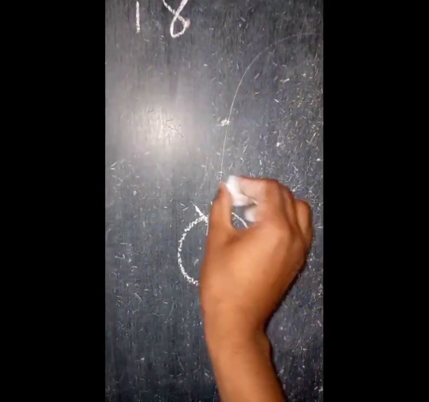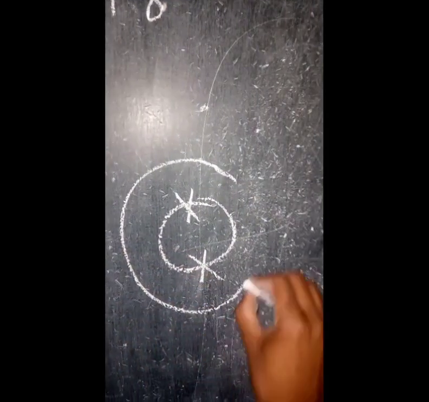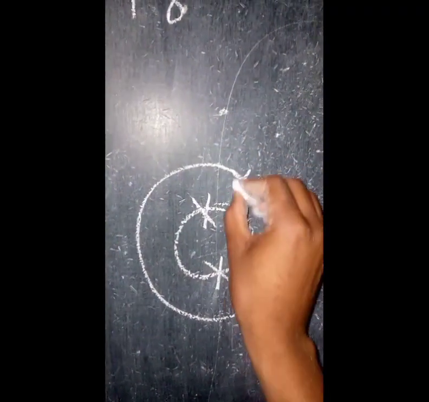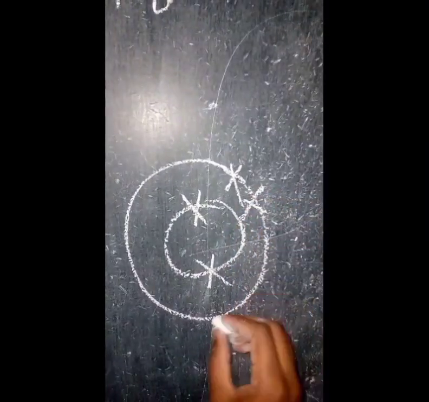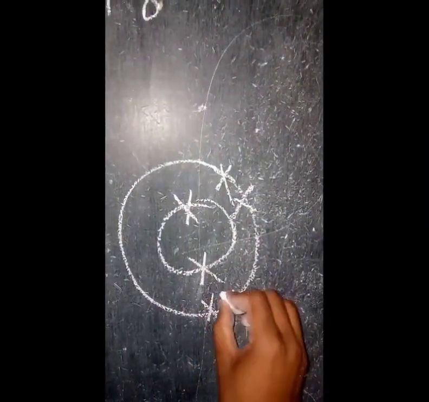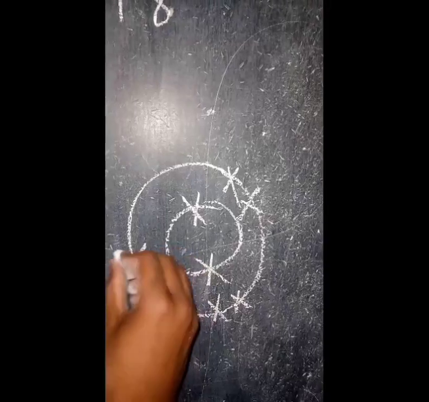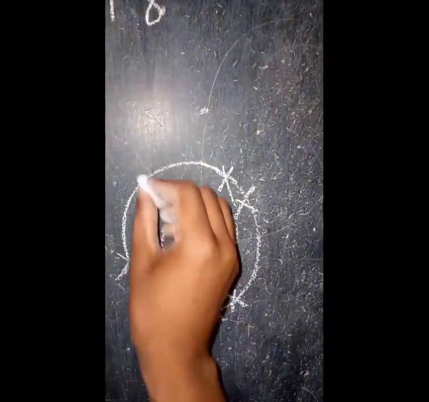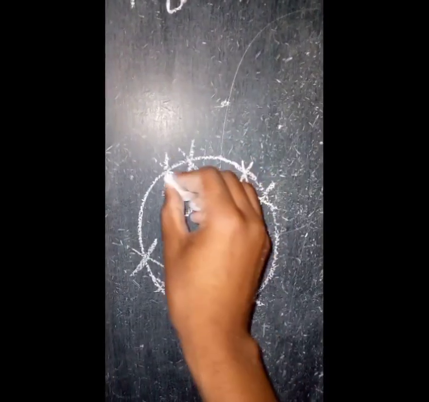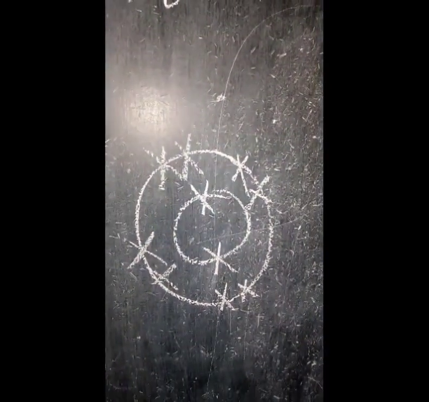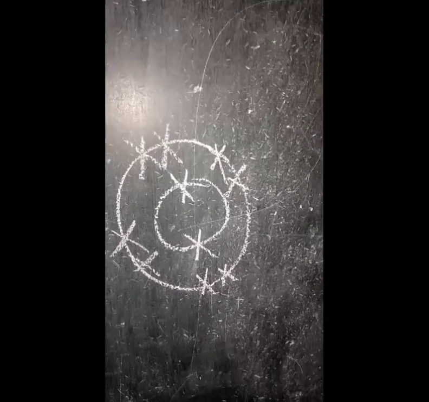Okay, how many more remaining? Let's see. We're going to have 8 here. 8 plus our 2 will have 10. So 2, 4, 6, 8. Okay, so we have 10.